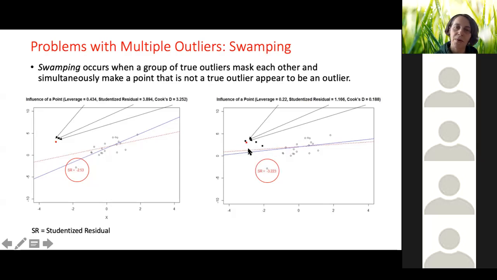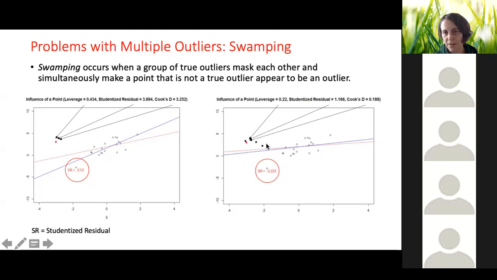Because they're pulling the regression line in a certain direction, that might affect a point that was perfectly well behaved. If you discount this data point here, then this one here, in relation to all others, is not an influential point. It's very much consistent with the relationship described by this line here.